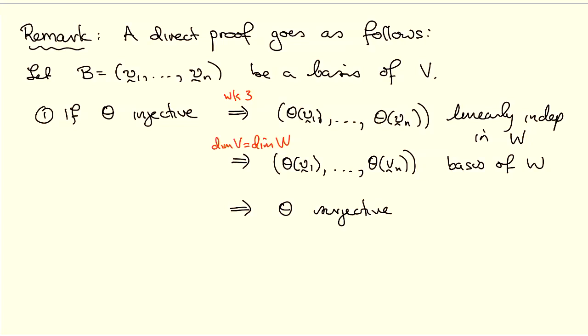And that's again because of the spanning property. It maps a basis to a basis. In fact, it's not really that it's surjective; in the statement in week 3, theta is an isomorphism if and only if it maps a basis to a basis.